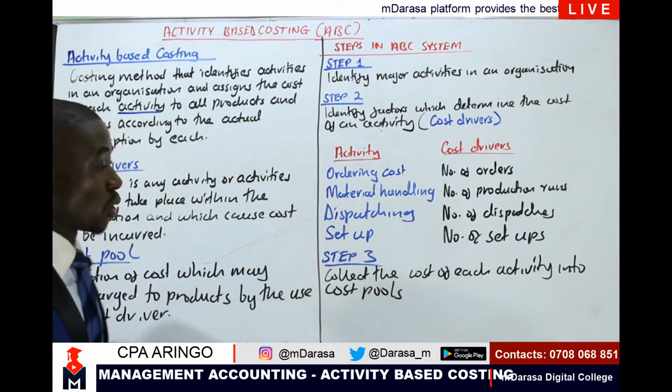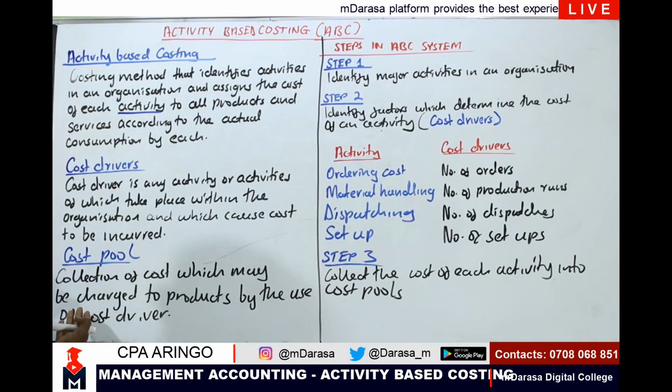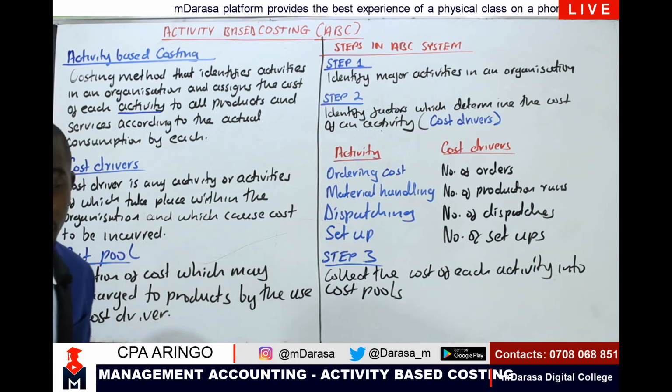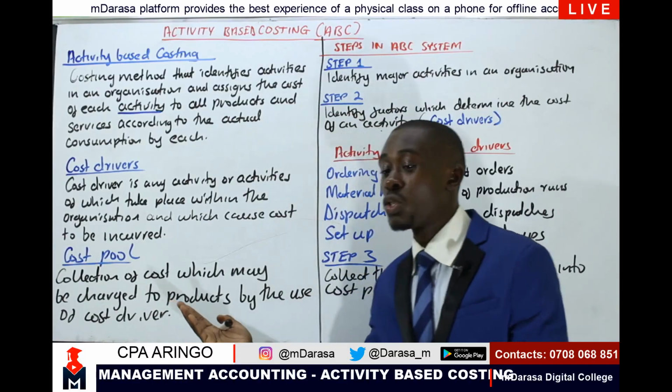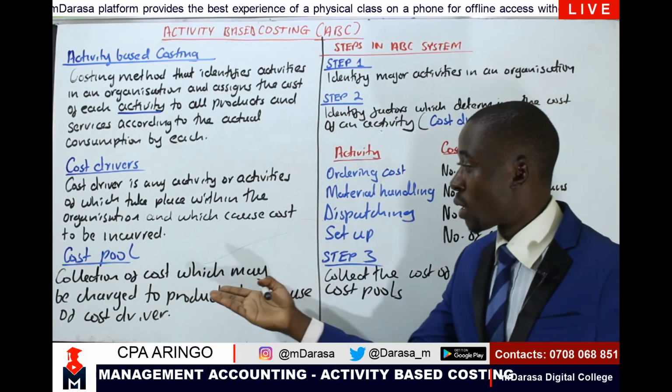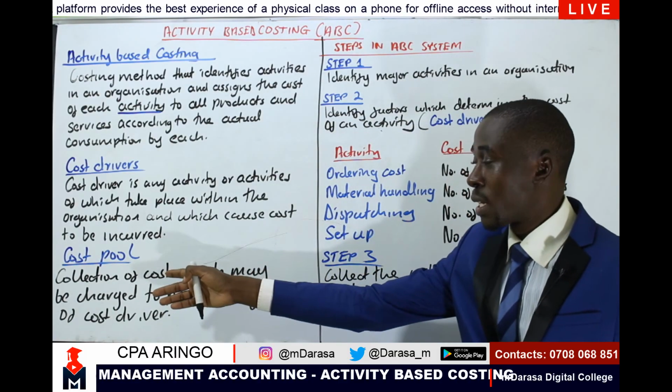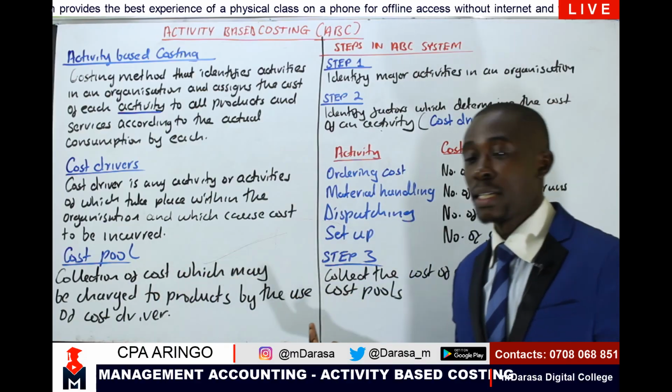Remember, we are talking about the cost pool, whereby we noted that a cost pool is a collection of costs which may be charged to products by the use of a cost driver. That's why it was very key for us to look at these items even before we looked at the steps.